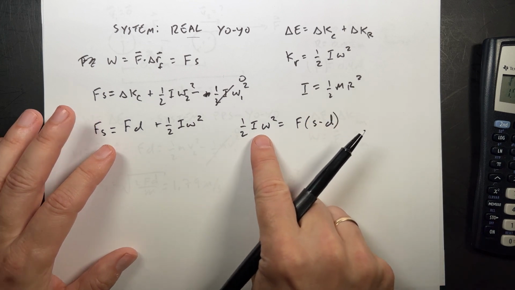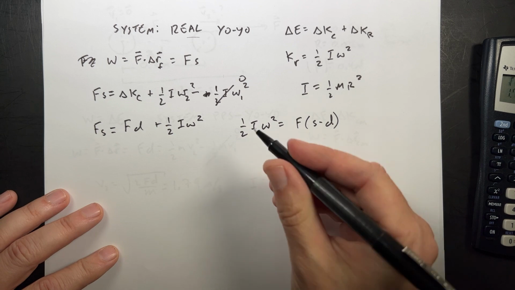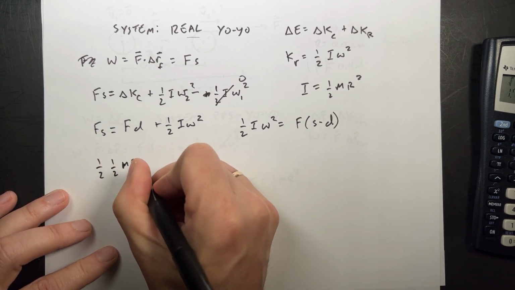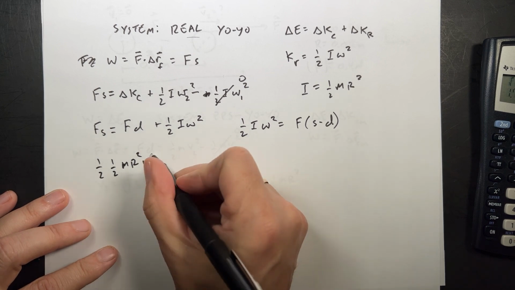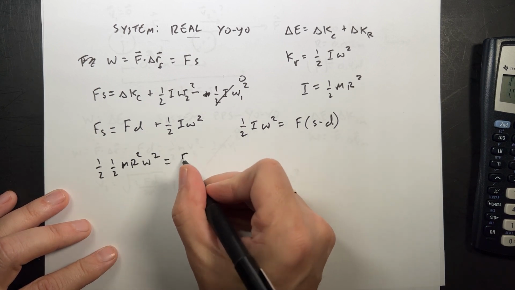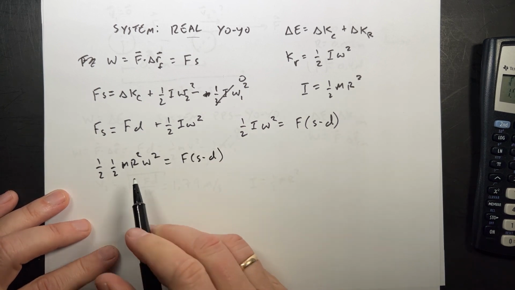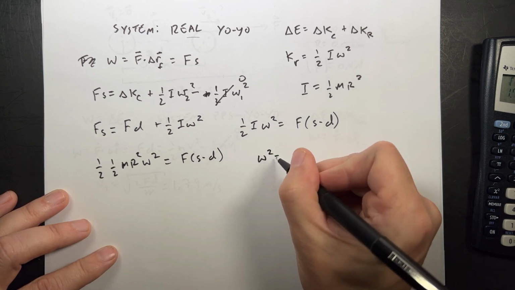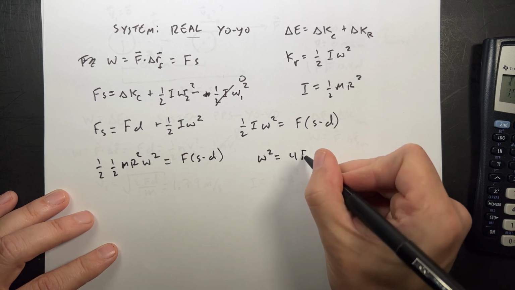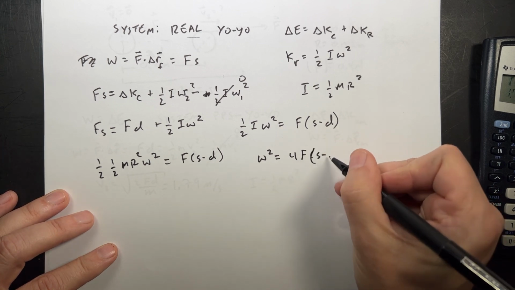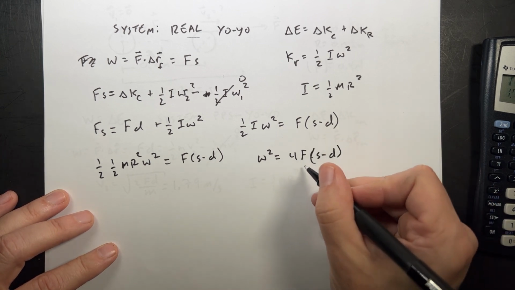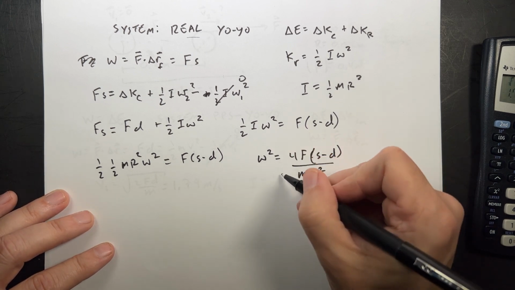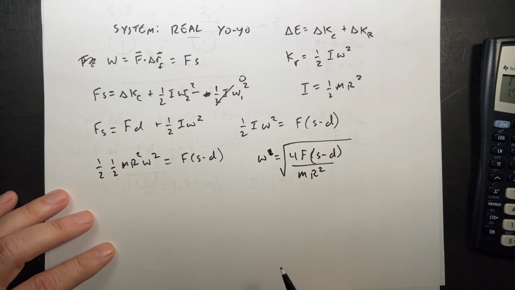Let's go ahead and put in our value for I. So I have 1/2 mr squared omega squared equals F(s minus d). And then I'm going to divide by all that, so I have a 1/4. So now I have omega squared equals 4F(s minus d) all over mr squared. And then omega is just the square root of that.